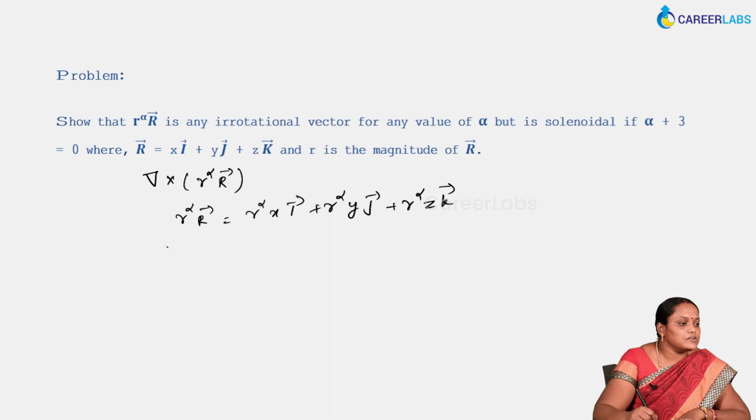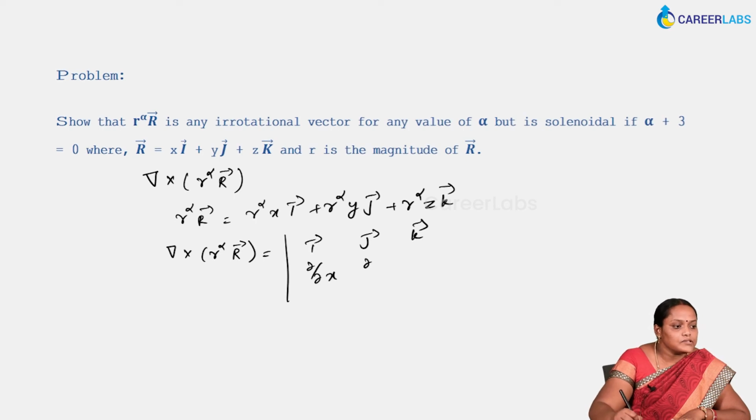Right? So now let us find del cross of this r^α r vector. This is nothing but the determinant of i vector, j vector, k vector, the components of del, that is ∂/∂x, ∂/∂y, ∂/∂z, then the components of r^α r vector, that is r^α x, r^α y, r^α z.